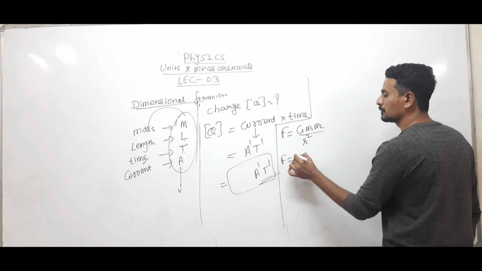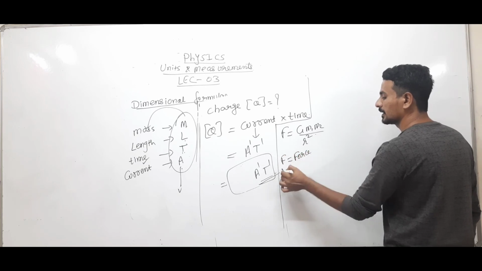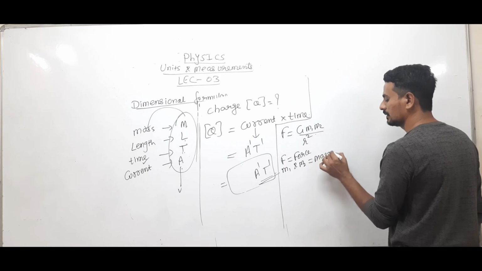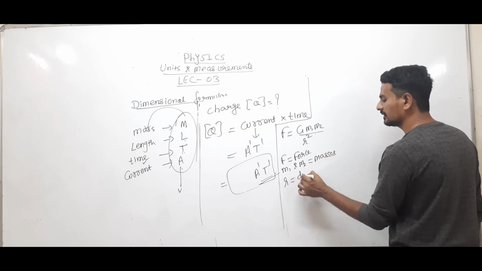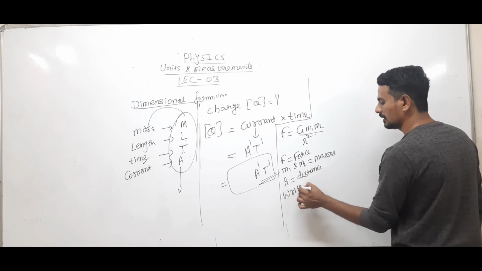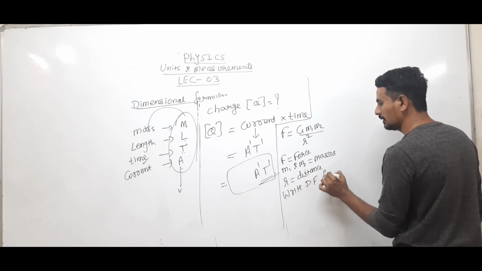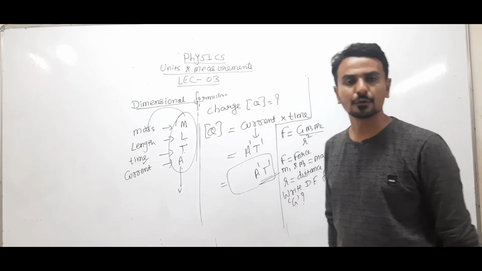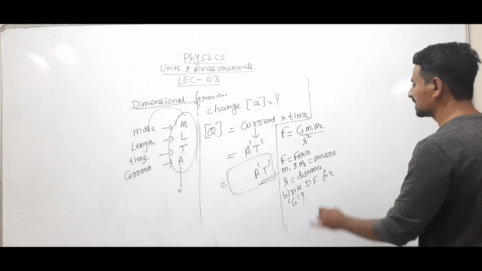F is the force, m1 and m2 are the masses, r is the distance. Write dimensional formula for G. Try this by yourself. You have to obtain the dimensional formula for G.